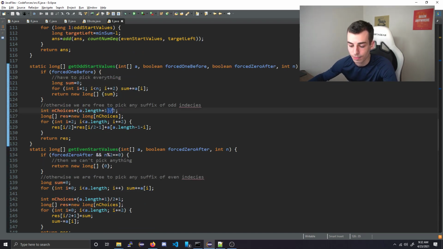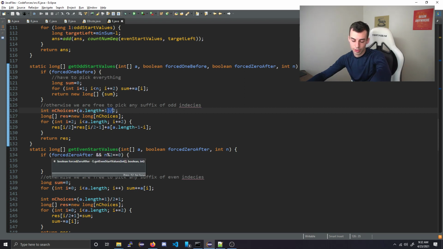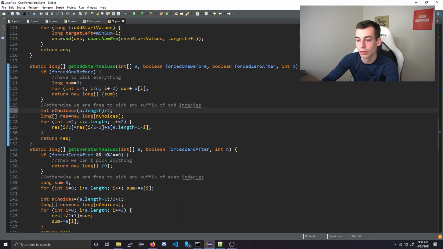Three plus 1 over 2. What about this? If there are 3 things, we're picking odd indices, so you have 2 choices. If there are 4 things, you have 3 choices.